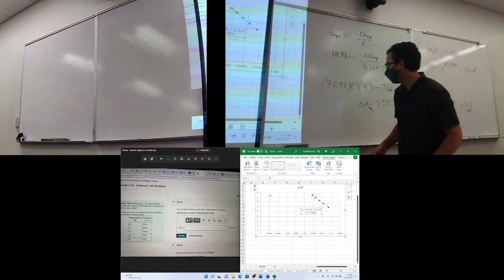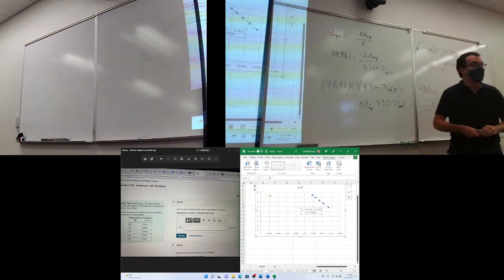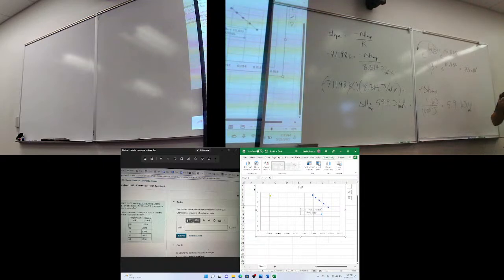We try to get a linear fit because it's very easy to gauge whether or not your imperfect data is fitting a linear equation. If you've got imperfect data and you're trying to fit a curve, it's hard to tell if your curve is good. With a straight line fit, you can tell if your data is really imprecise, full of error or not. This is pretty perfect. You don't normally get perfect data like that.